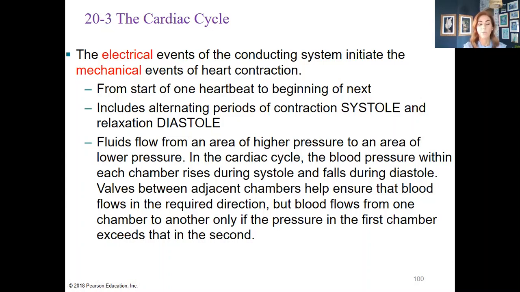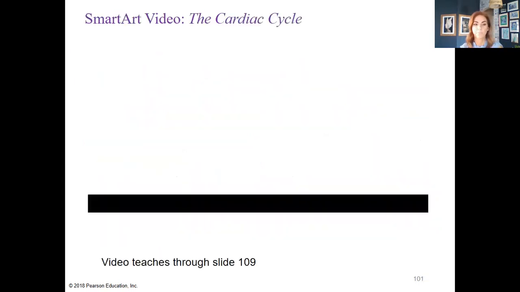So our blood is going to move from areas in the heart from high pressure to low pressure. As we go through the next few slides and see what the pressure differences are that are causing this blood to move in a particular direction, just remember it goes from high to low. And we definitely want to make sure that the valves are working appropriately so we have just that one-way flow.